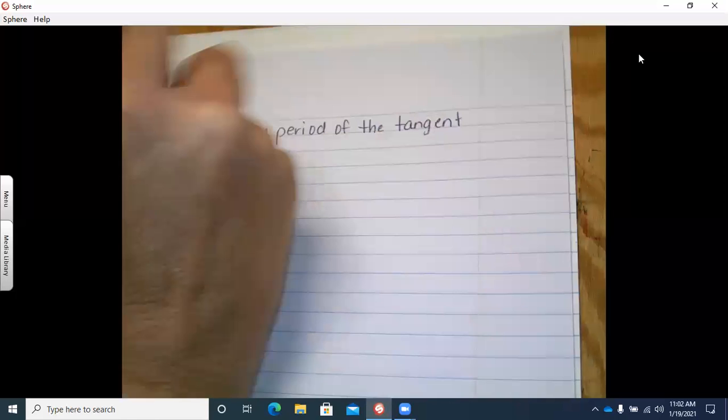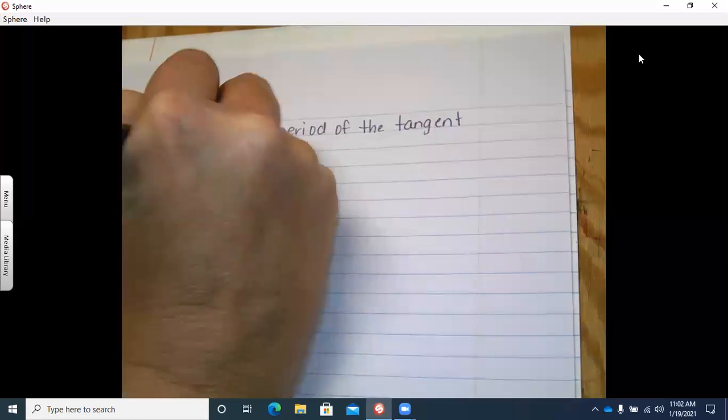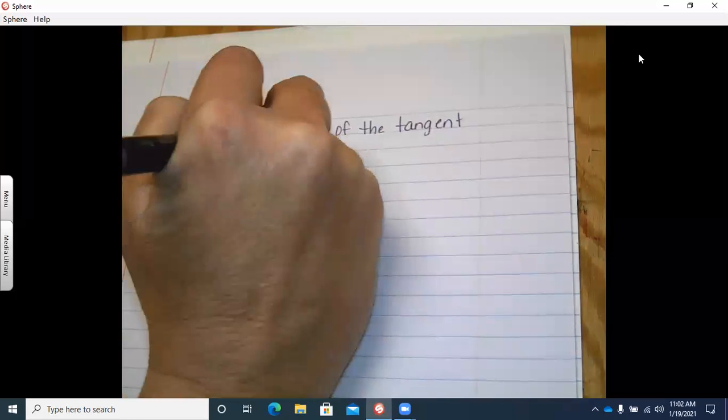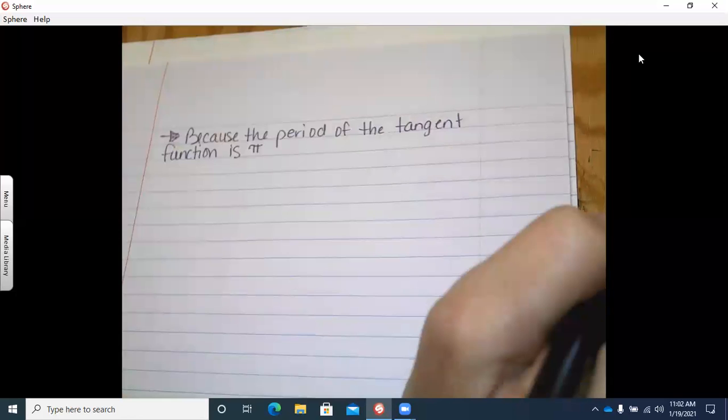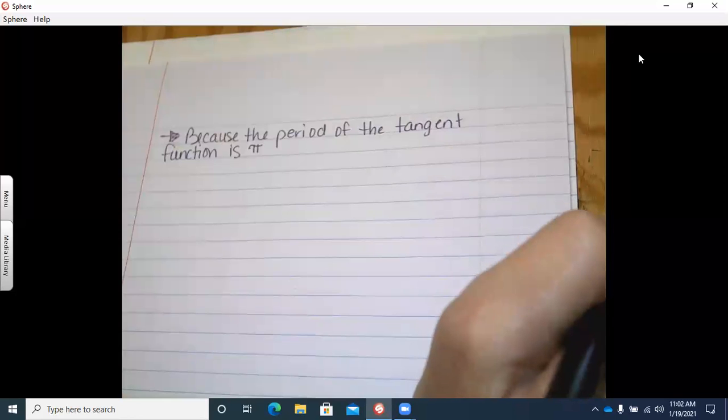Oh, and if you want to clean your binders out, what we're working on now, since we started trig, don't leave that in your first semester binder because we haven't tested on it yet.